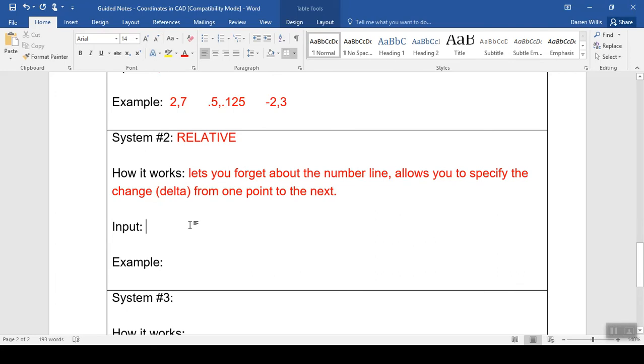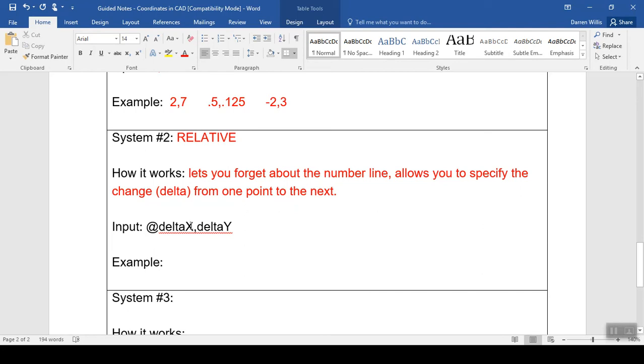Input, right? After our first point, we have to have the at sign, and we have at delta x, comma, delta y. So the at sign means forget about the origin, forget about the number line, just go from my last point.